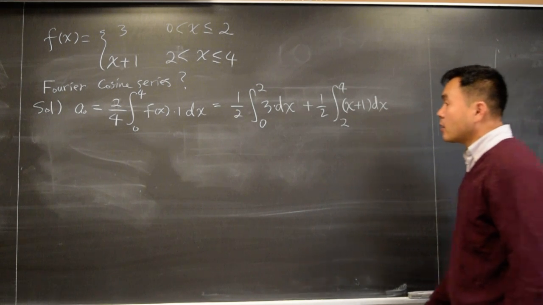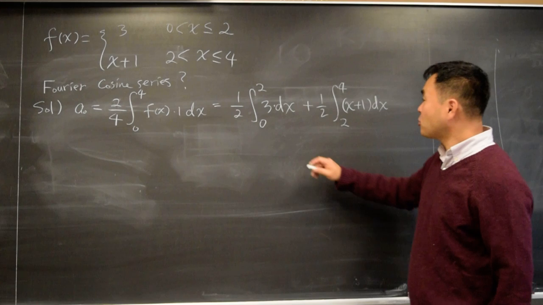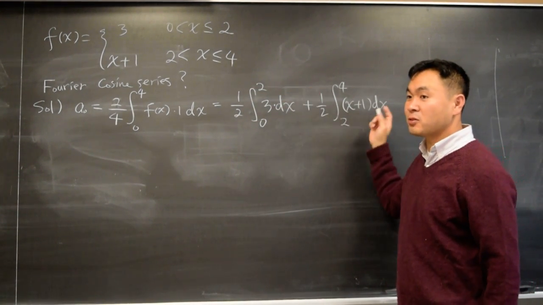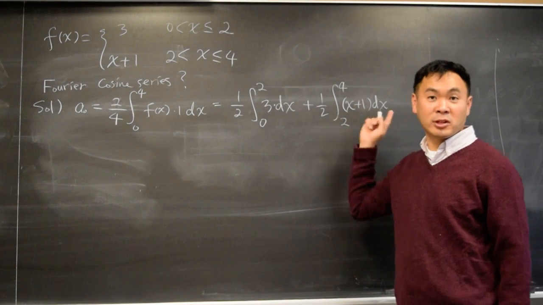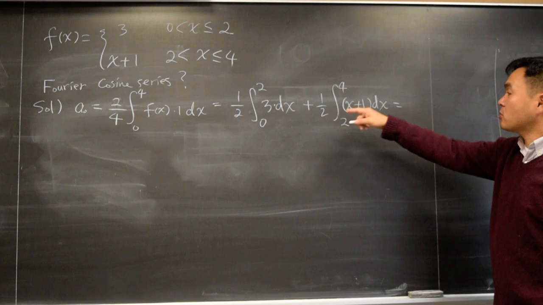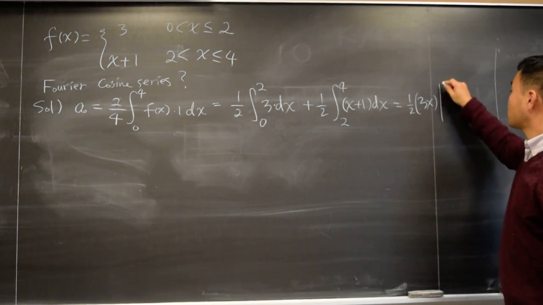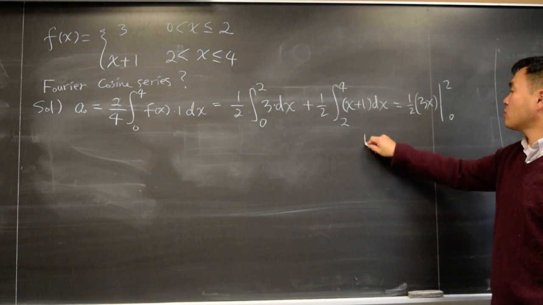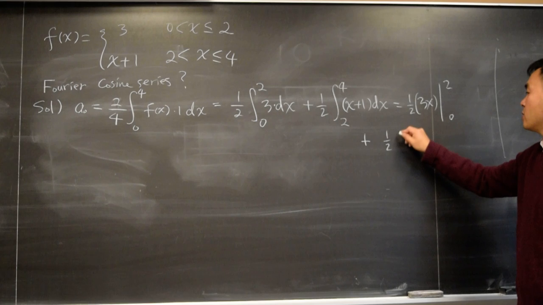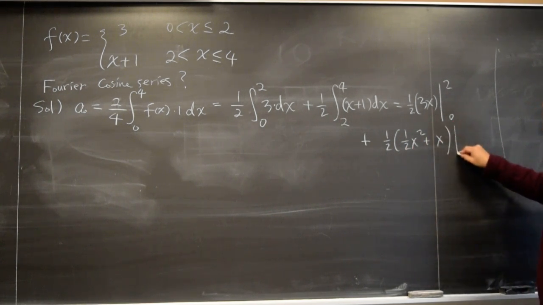And here, I just reduced 2 over 4 as 1/2, and I should really have said 1/2 times these two with the parentheses, but I just multiplied the 1/2 to each. So that's what you need. And the integral of 3 is 3x. You have to plug in 2 and 0. Plus, the integral of x plus 1 is 1/2 x squared plus x, and you have to plug in 4 and 2.